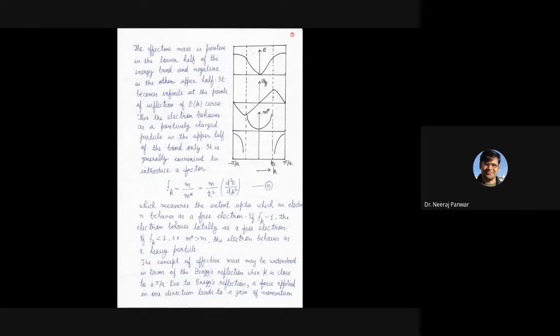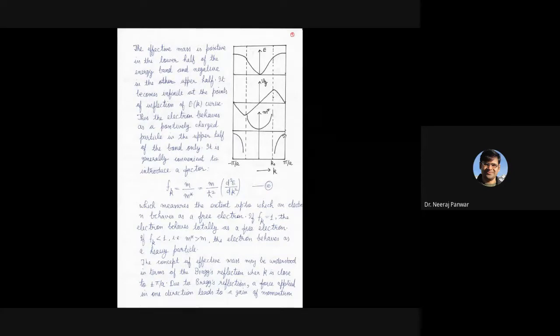That's why at this point the effective mass is infinite. Now the velocity of the electron, when it moves up in the band, increases up to the point represented by wave vector k naught. So it is the point of inflection, and after that the velocity starts decreasing.